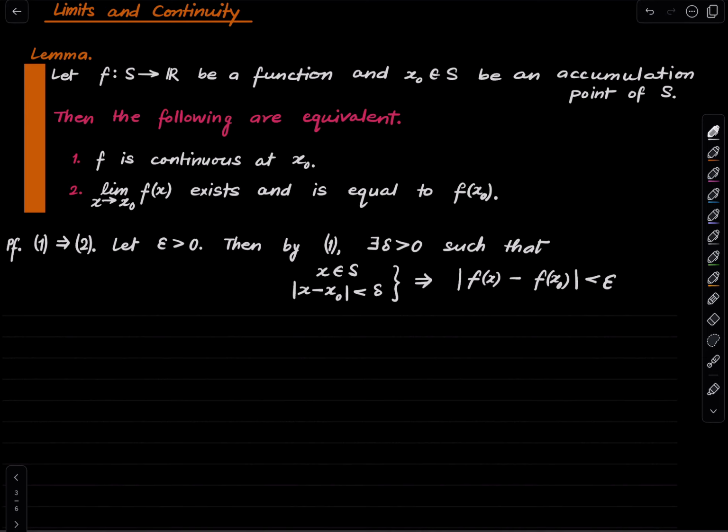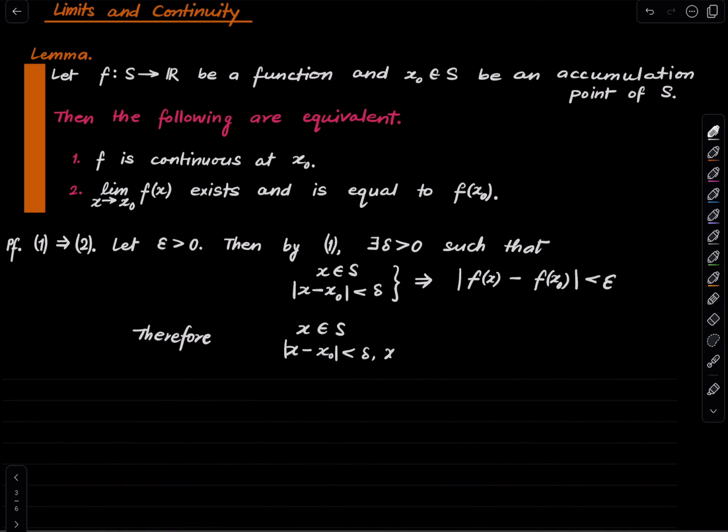Okay, but this implies that, let me not use too many implies signs, if you choose x in S and x in this delta neighborhood and different from x0, so now you're choosing basically in the delta deleted neighborhood of x0 and in the domain as well, then that implies the same thing as the previous one.